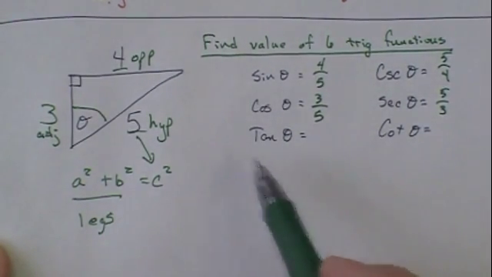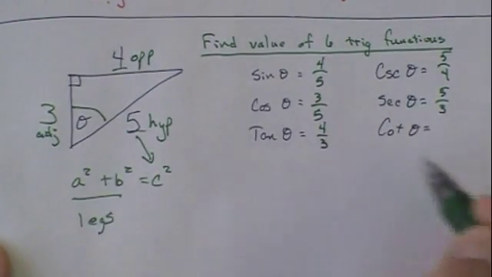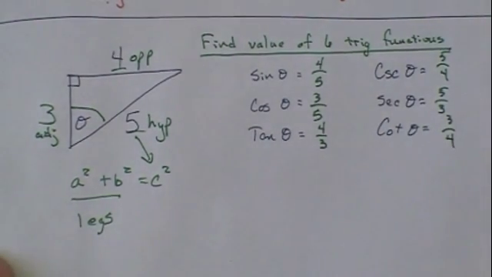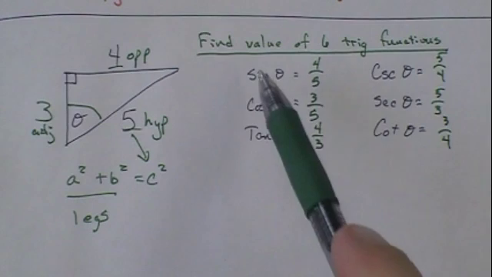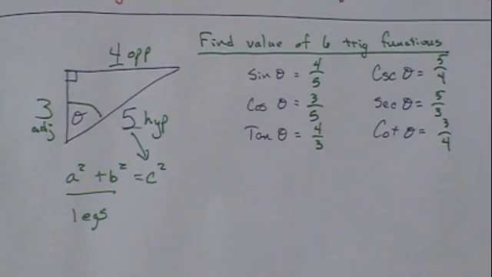Tangent is opposite over adjacent, that's 4 over 3, which means the cotangent is 3 over 4. So we can use SOHCAHTOA to find sine, cosine, and tangent, and then knowing that they're reciprocals helps us find the other 3 trig functions.